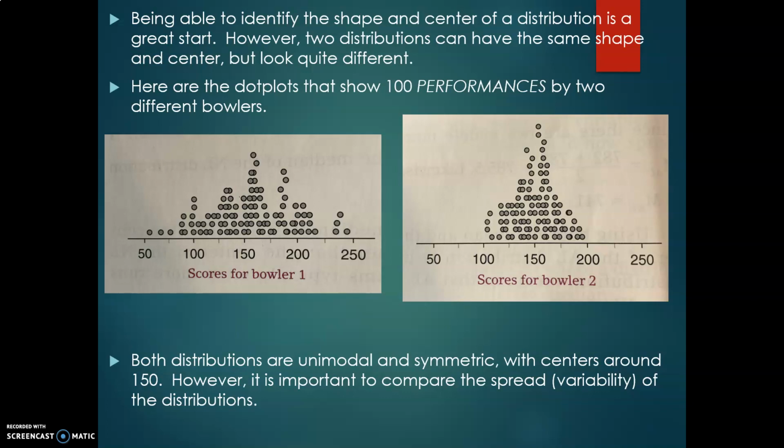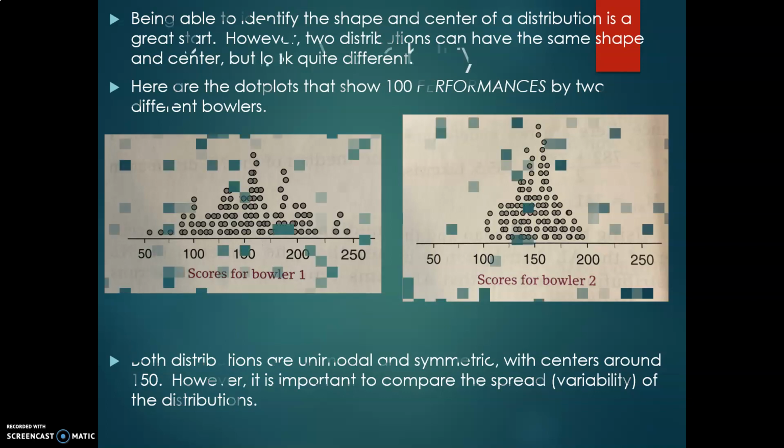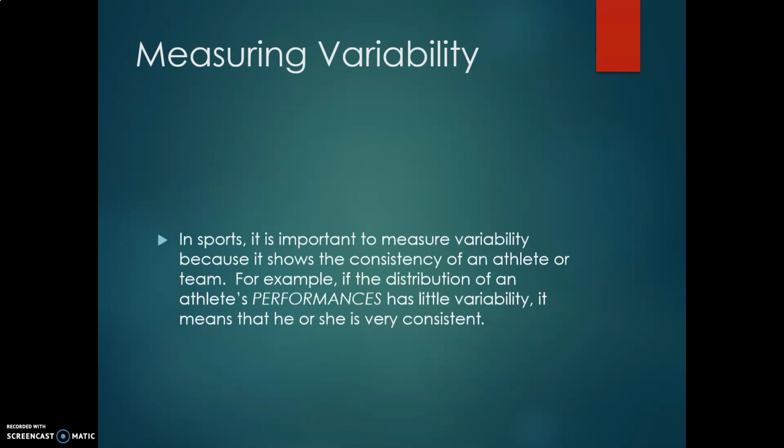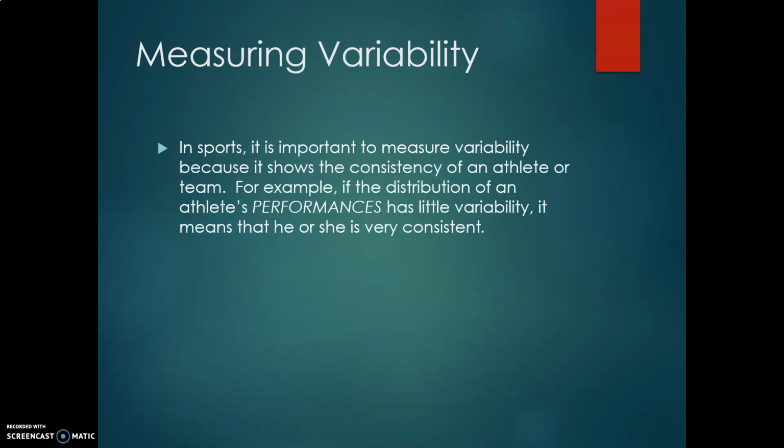The variability is quite high for Bowler 1, who has much higher highs and much lower lows, whereas Bowler 2 stays in a much tighter area. What we're going to use to measure that has to do with quartiles, and we look at that because consistency is so important when we're looking at athletes.